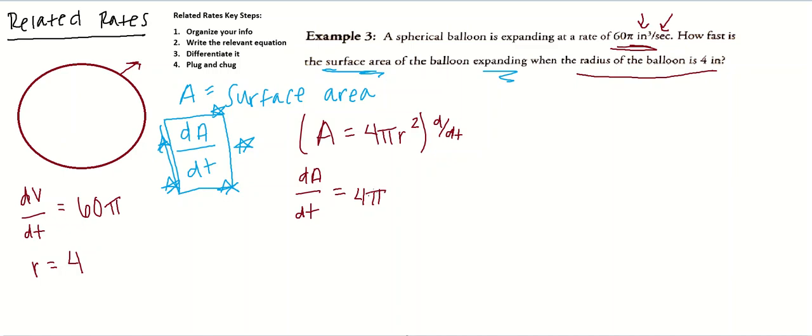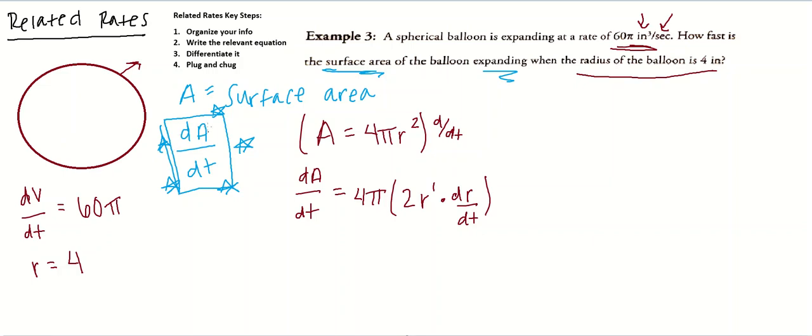So that 4 pi is just going to hang out. And now we need to take the derivative of r squared. So we're going to use chain rule here because r is a function. So the derivative of r squared is going to be 2r to the first times the derivative of the inside, which is dr/dt.